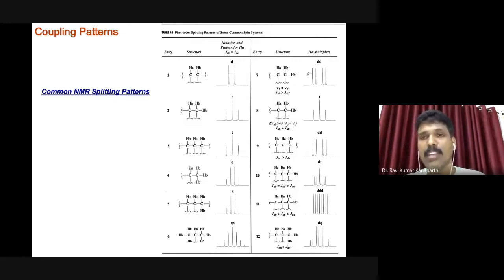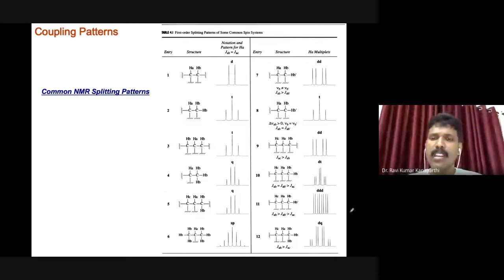This is quite similar to this one, but here on one carbon atom adjacent to the HA carbon atom, two different protons are there. In this case, you have two protons again, but one carbon atom on one side and one on the other side. Therefore, we get a doublet of doublet again.